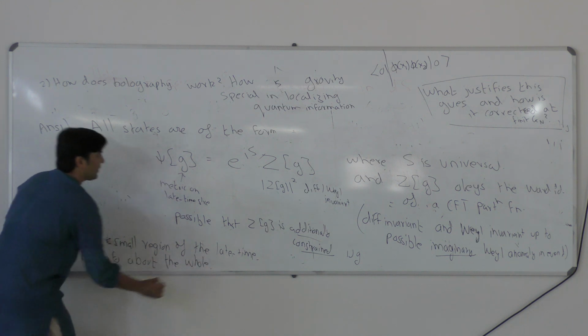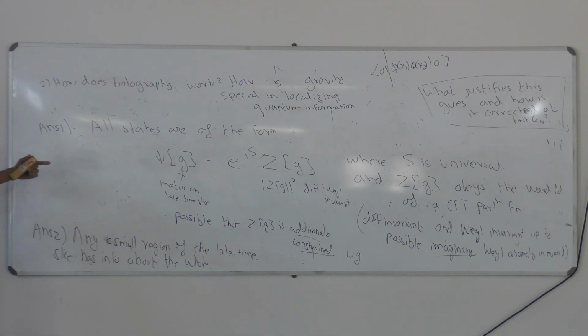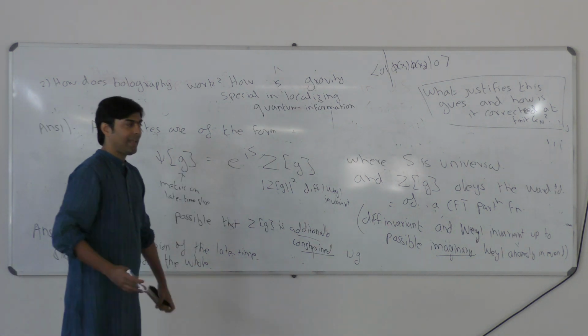The statement is that, and I'll explain why this is true, even though this correlator is not conformally invariant, if you give me this correlation function in a small region, I can in fact determine the state completely.